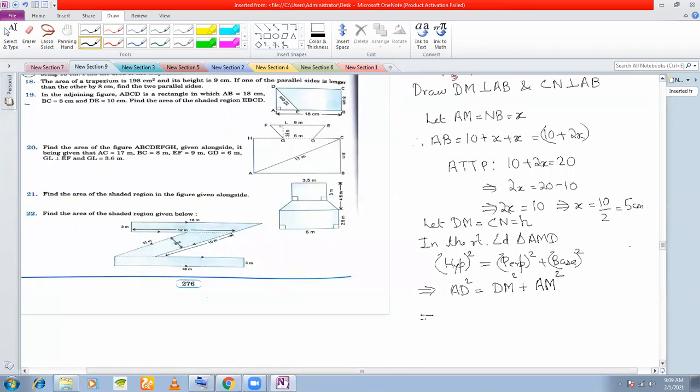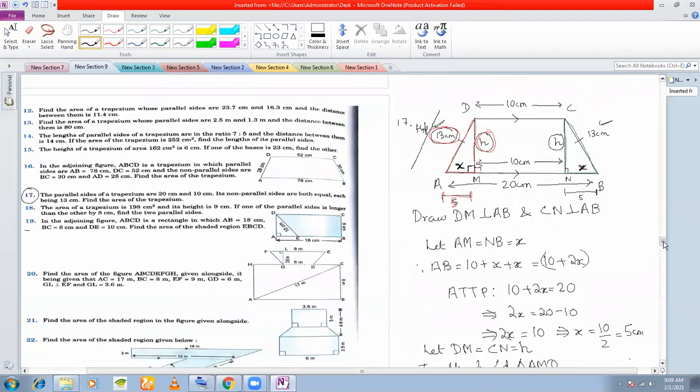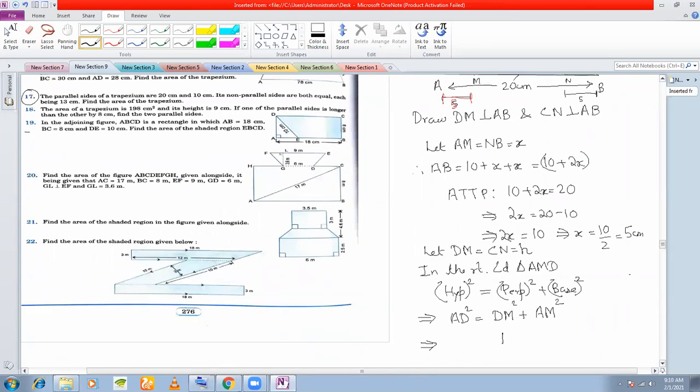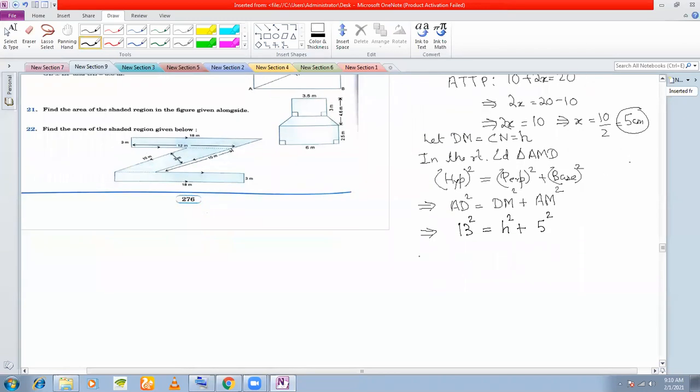AD, the length of the hypotenuse, is 13 and AM is 5. Let us put the values, and DM we have taken as h. So it becomes h square plus 5 square, and the hypotenuse is 13 square. Solving this equation: 169 is equal to h square plus 25.